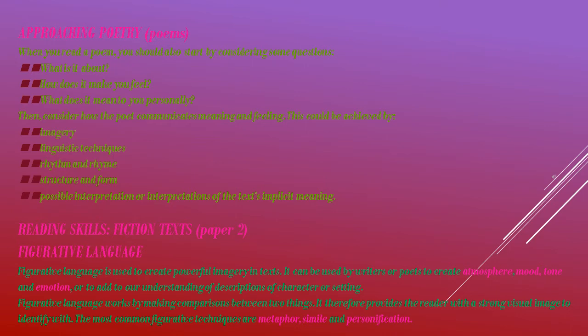So figurative language works by making comparisons between 2 things. It therefore provides the reader with a strong visual image to identify with. So the most common figurative techniques are metaphors, similes, and personification. You will never miss them in any setting that you're going to come across in your coursework.